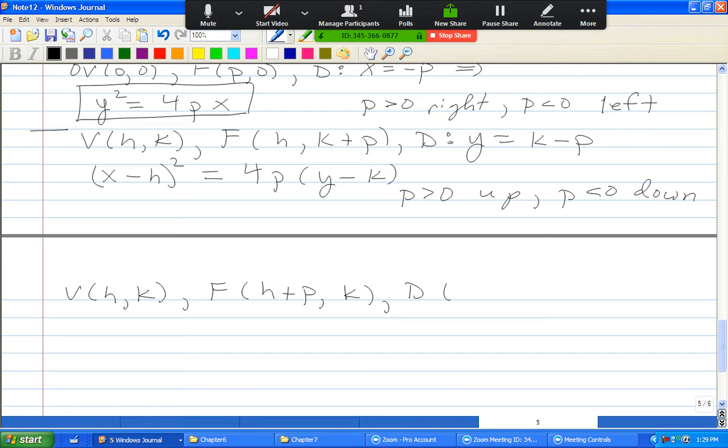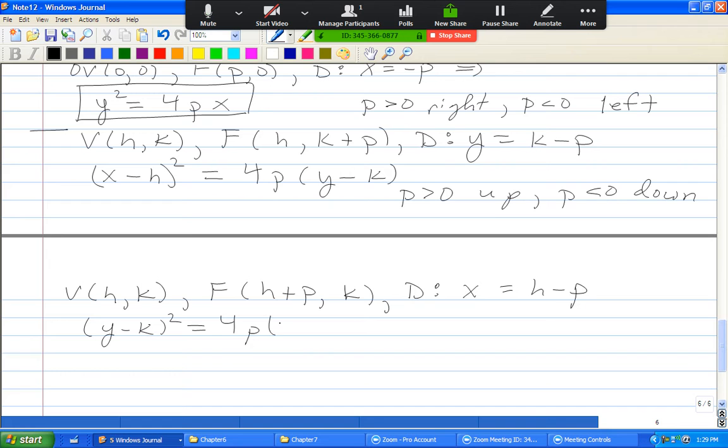Okay. So the directrix is x equal to h minus p. Then the equation is y minus k squared equals 4p times x minus h. And if p is greater than 0, it opens to the right.